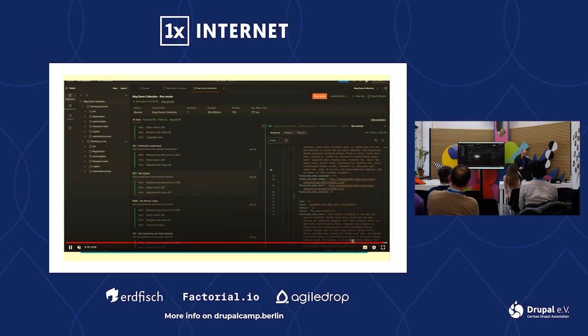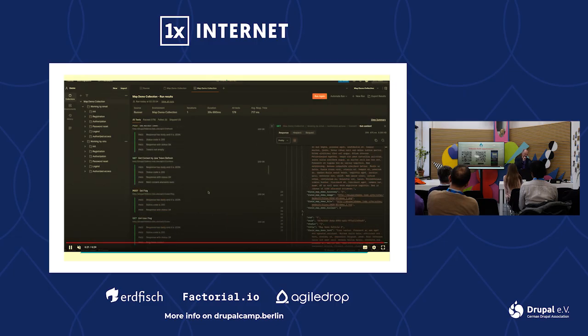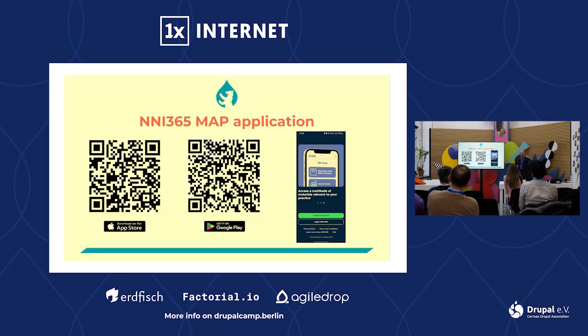So that's it. And who has mobiles? You can scan, download, and see this application built with our platform, and it's integrated on an existing website. It even partly shares content with the site.